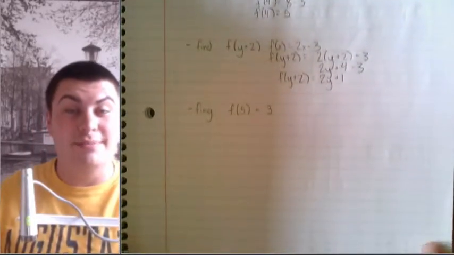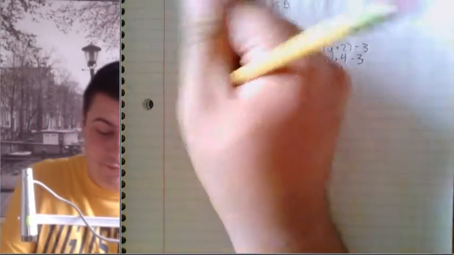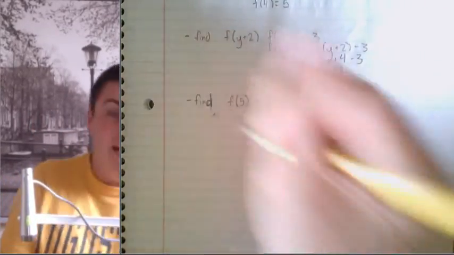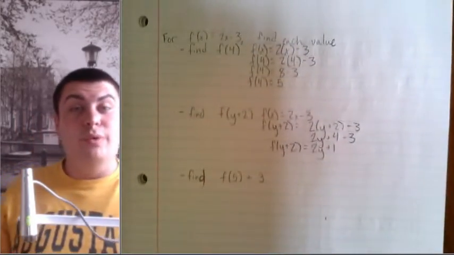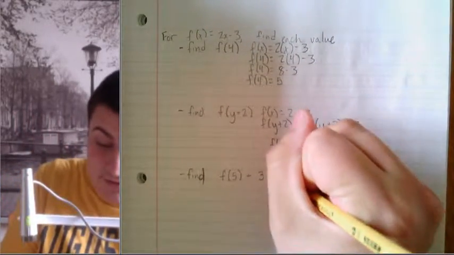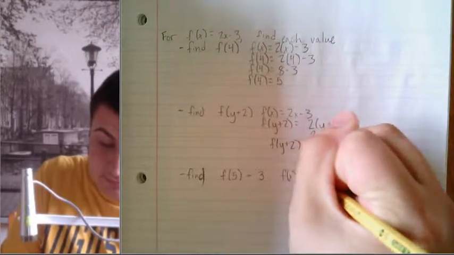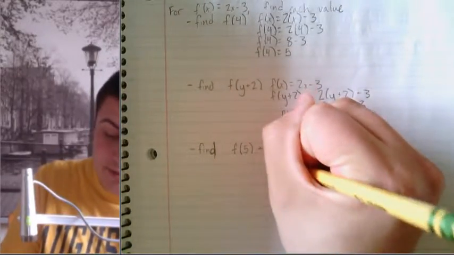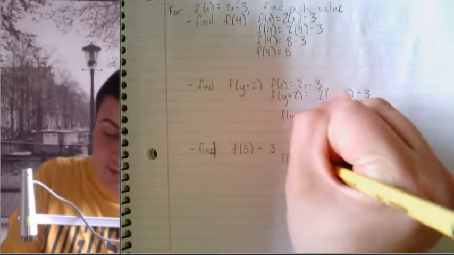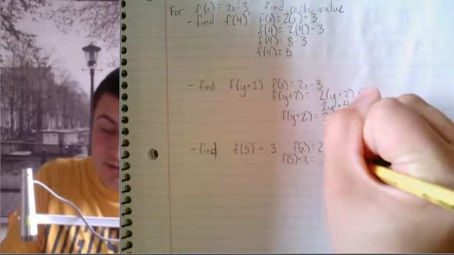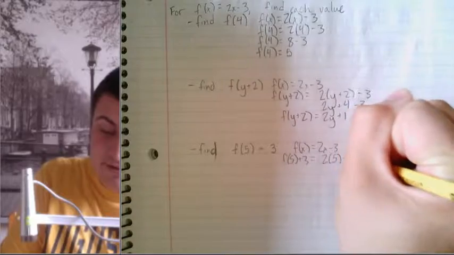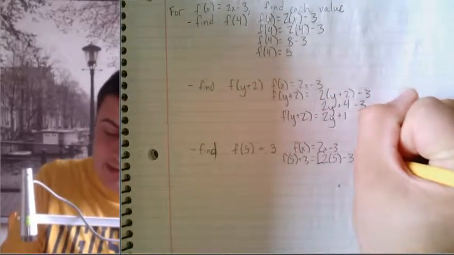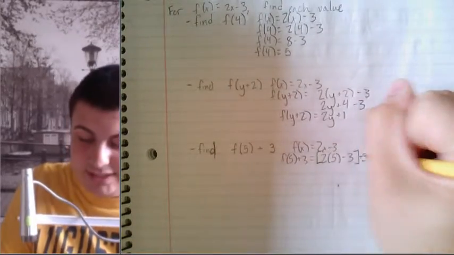Now, if we have something on the outside of it, so if we wanted to find f of 5 plus 3, what we're going to do is take f of x, which is 2x minus 3, and then when we do f of 5 plus 3, we're going to take 2 times 5, minus 3, and then we're going to add 3 to the entire result.